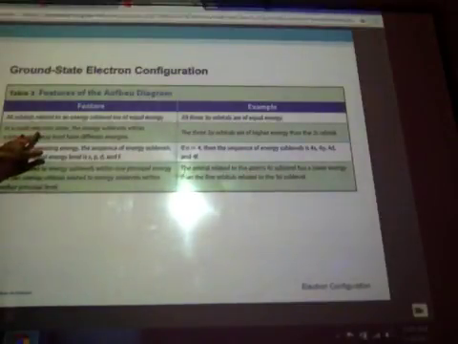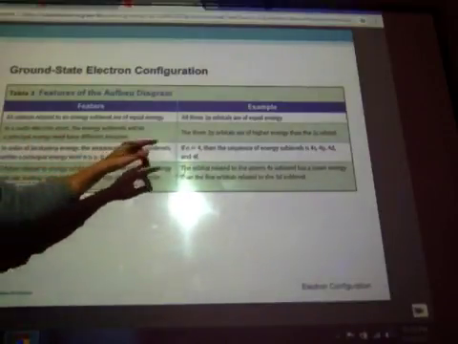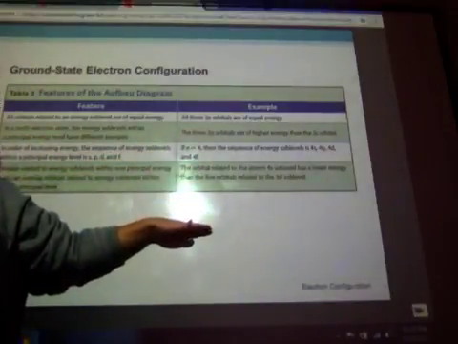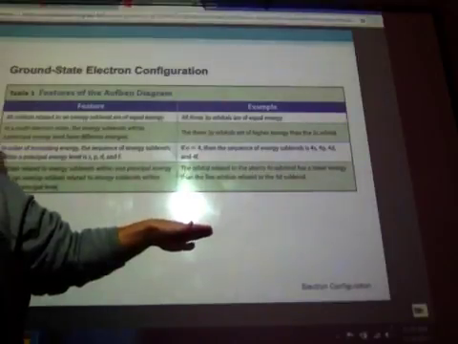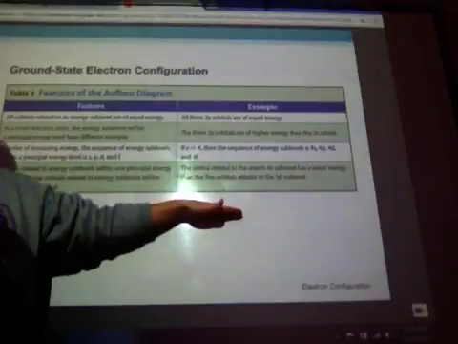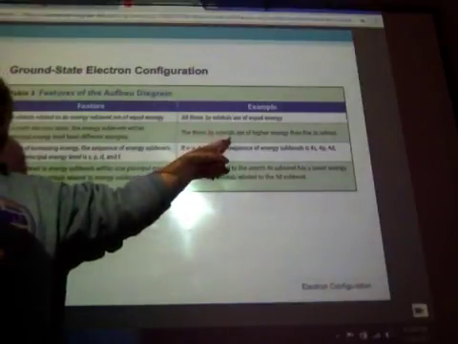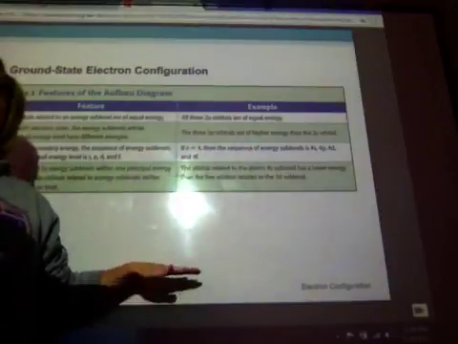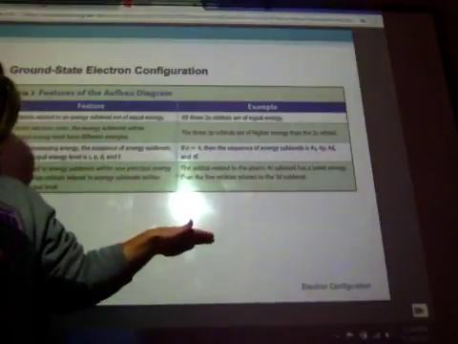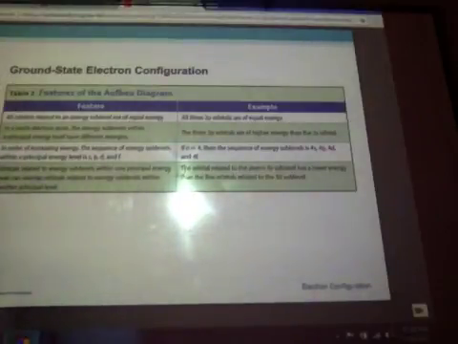In an atom that has many electrons, the energy sublevels have different energies. Looking at your diagram again, my 2s is a little bit lower than my 2p. That means that the 3 2p orbitals have more energy than the 2s. The higher up you go on that diagram, the more energy there is.